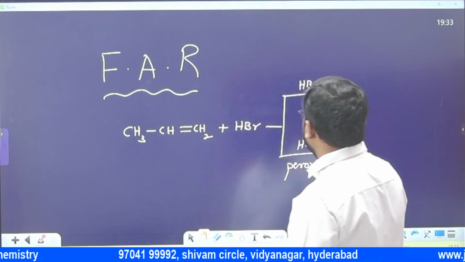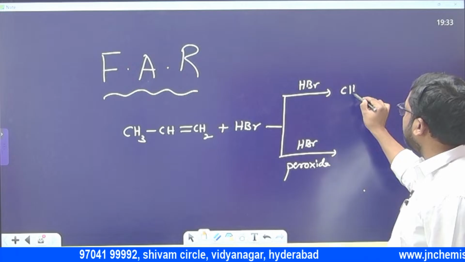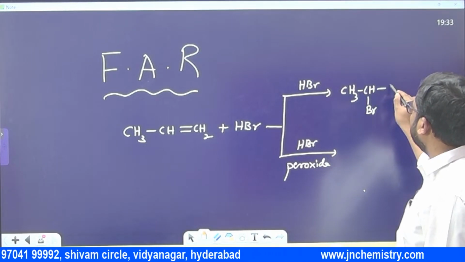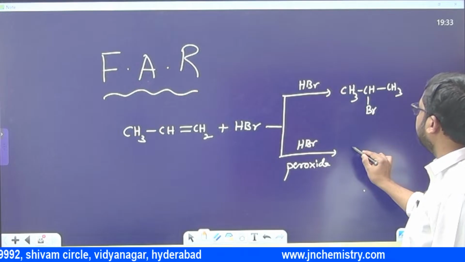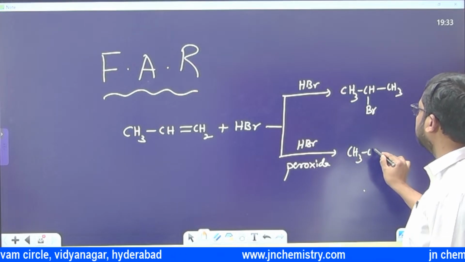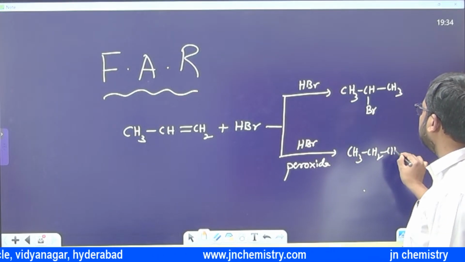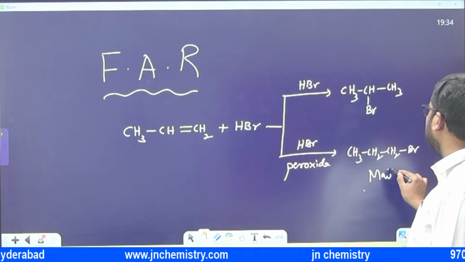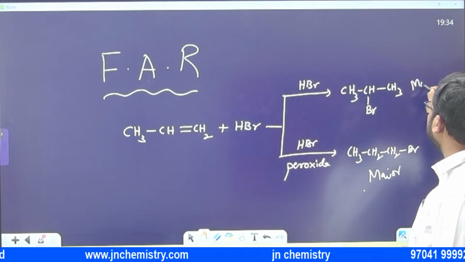Peroxide. So here I am writing the major product. Already we discussed that 2-bromopropane is the major product. But in this case, this is the major product. Here it is the major product.